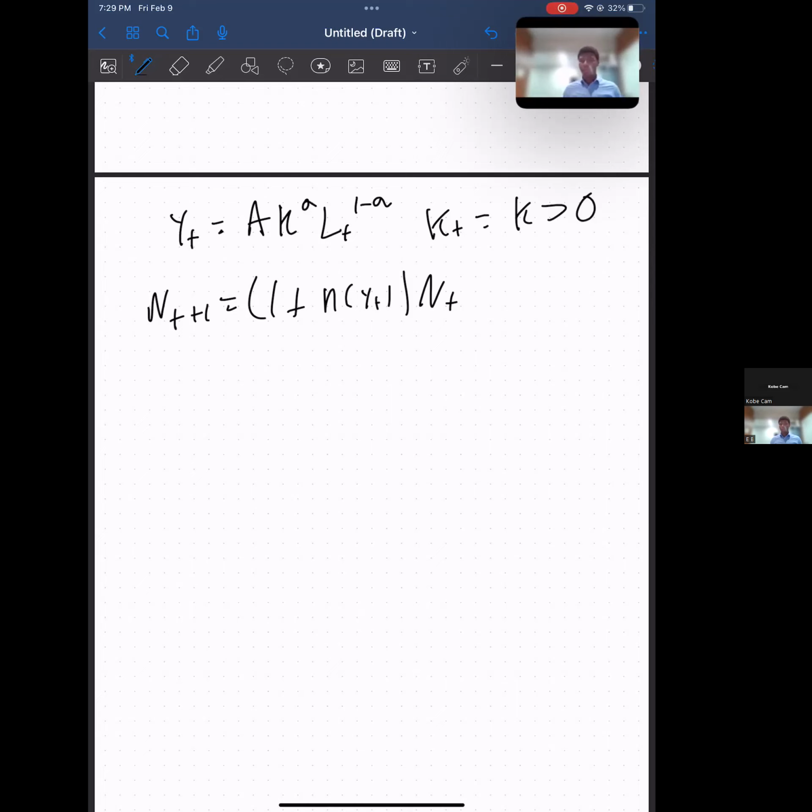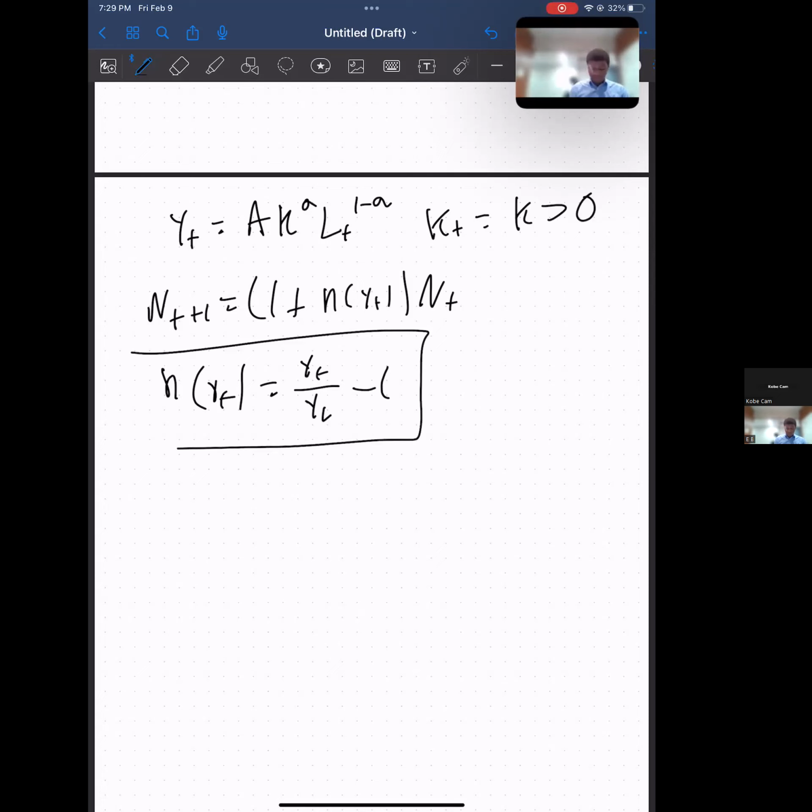Okay, so how does that work? Well, here's our equation for that growth rate. It is y_t divided by y_L minus 1. So the idea is, as the income increases, same thing as output, then the amount of people in the country should grow.